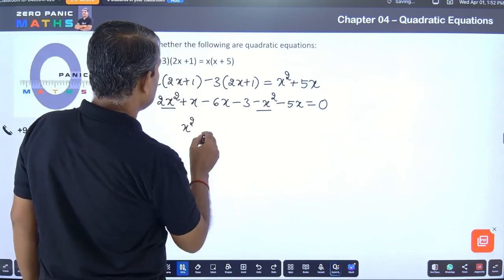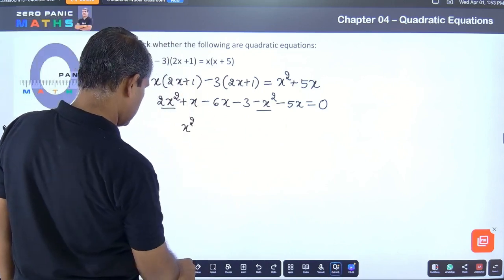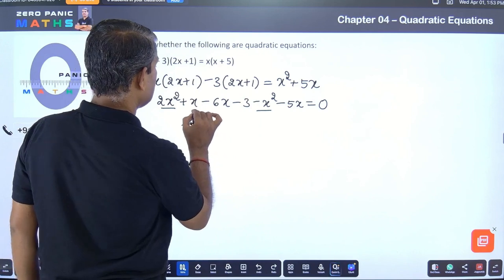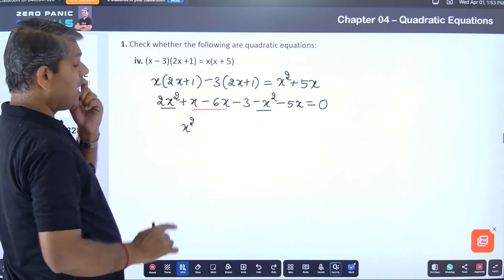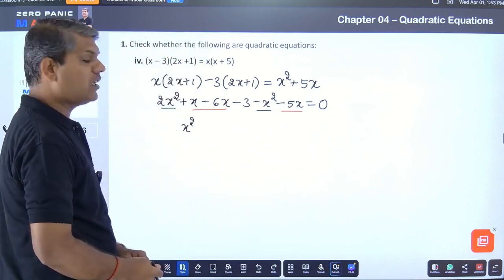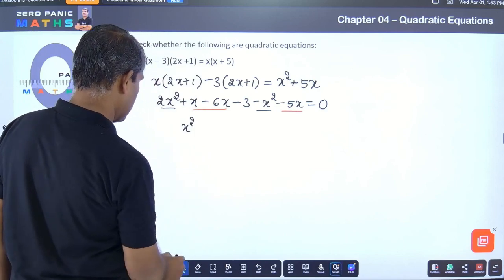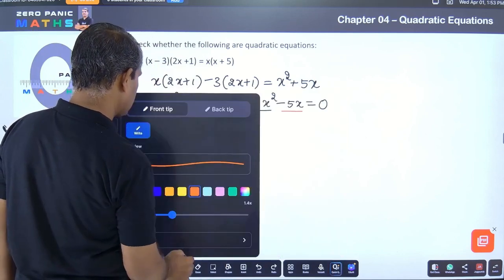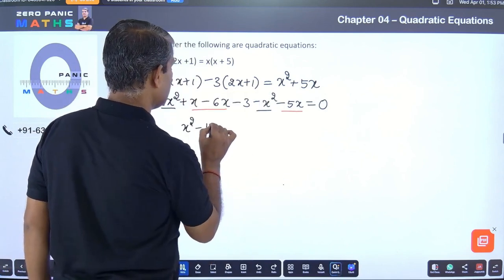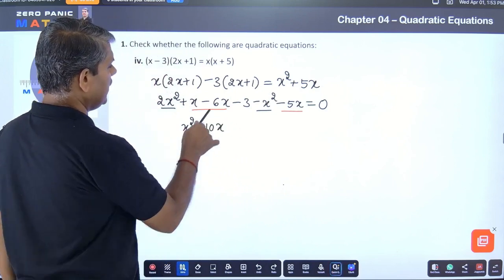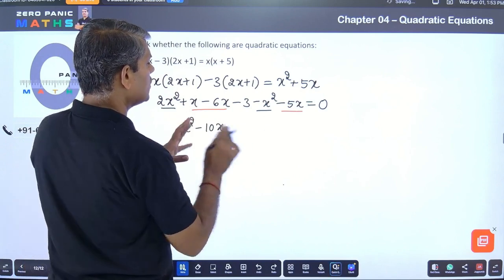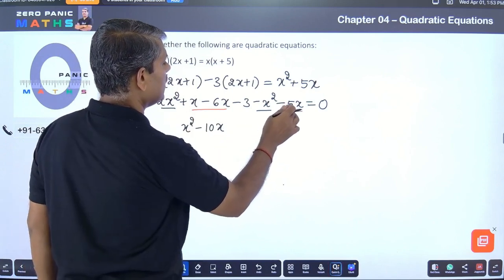Let me take this. This is minus 5x, and this is also minus 5x. So what will it give me? It will give me minus 10x. Both together will make minus 10x.